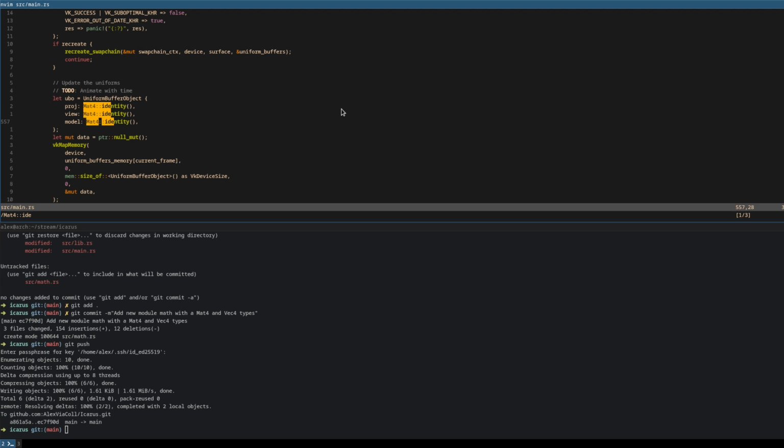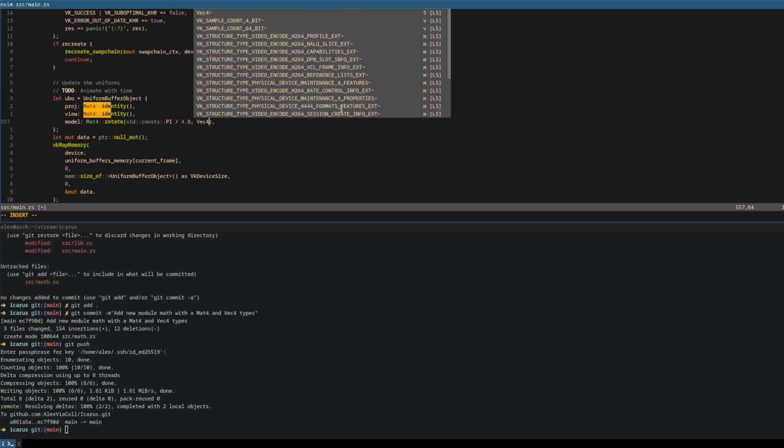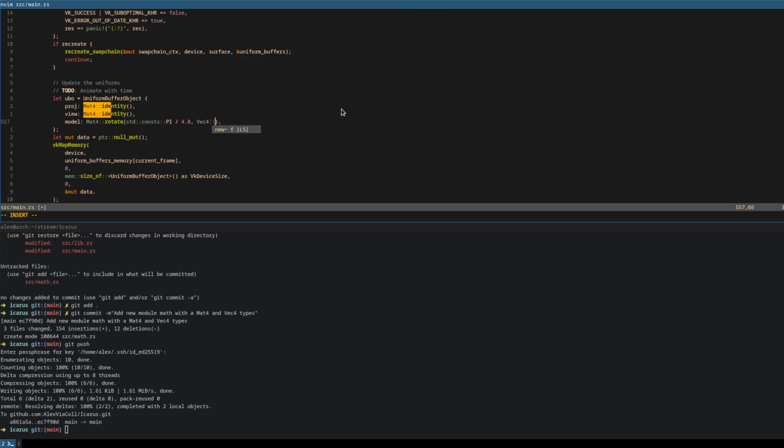What if instead of using the identity matrix, we do a rotate of 45 degrees, which should be const pi, let's make it pi divided by 4, and the axis should be the Z direction coming to me or into the screen.